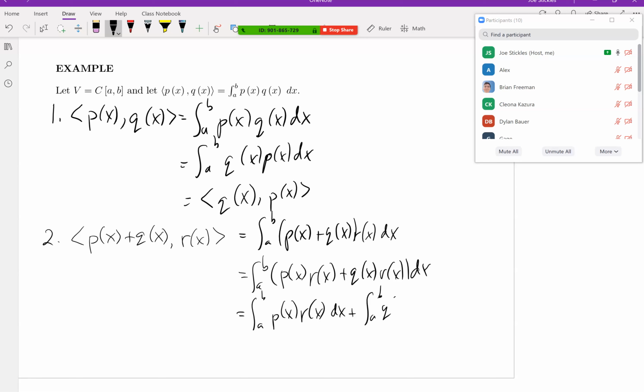Integrals break up over sums with no issues. So I get the integral of P of x times R of x in that first term, and I get the integral of Q of x times R of x in that second term. And then again, going back up to the definition of our inner product, we notice that the first one is the inner product of P and R, and the second one is the inner product of Q and R.